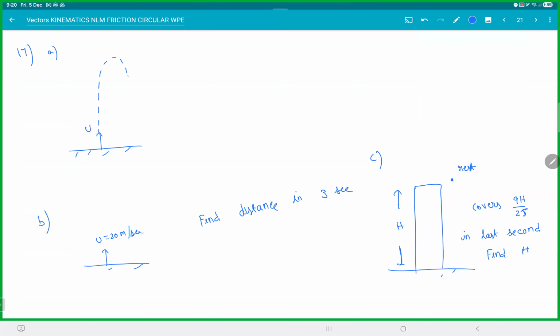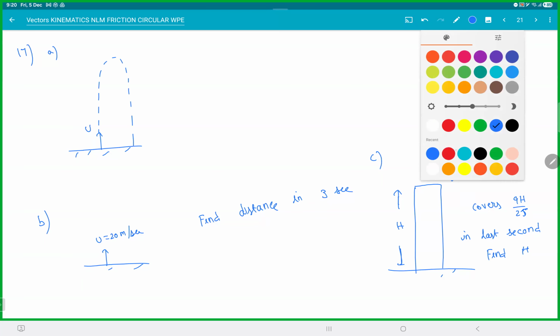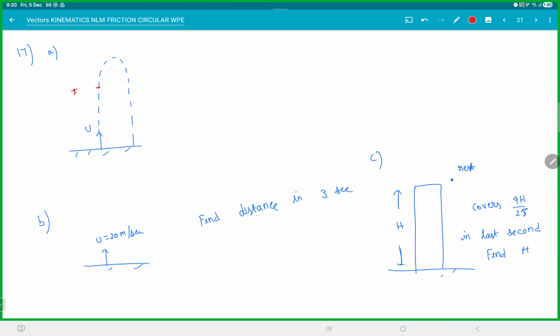This can happen only when there is a symmetry where t equal to 4 is here, t equal to 5 is here, and t equal to 6 is here. So in the fifth second, you're going from 4 to 5, h max, and in the sixth second, you're coming from 5 to 6. Is that making sense? That is the only time they can be equal, because while going up, you're slowing down, so the fifth second will travel more than the sixth.